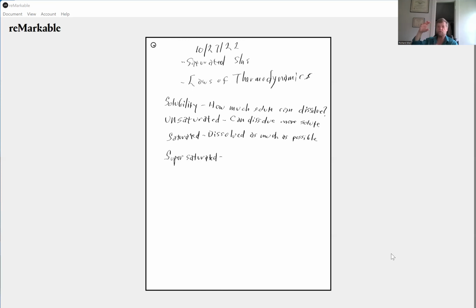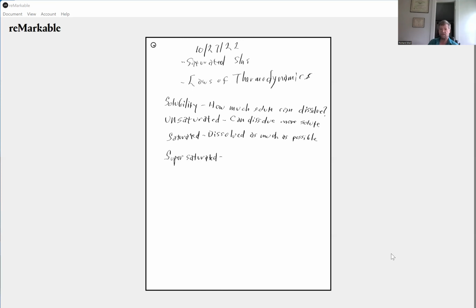So those crystals will keep it a saturated solution. And as the temperature rises and falls and solubility rises and falls, it doesn't matter. It's going to stay saturated because those crystals are either going to grow as solubility drops or dissolve as solubility increases. And as long as there's solid in there, I know that solution is saturated.